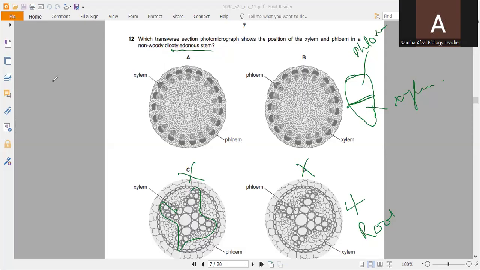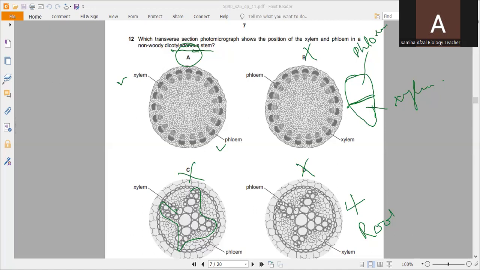So according to this, A is the correct option because phloem is towards the epidermis and xylem is towards the mesoderm. So B is also not a correct option.